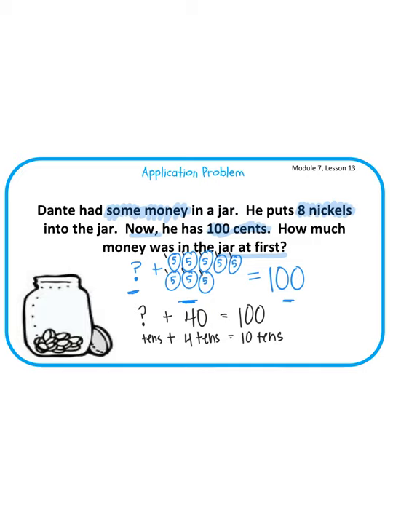It makes it a little bit easier to think about. 4 plus what equals 10? 6. So we could just say 6 tens plus 4 tens equals 10 tens. That's the same as saying 60 plus 40 equals 100. So there were 60 cents in the jar at first.